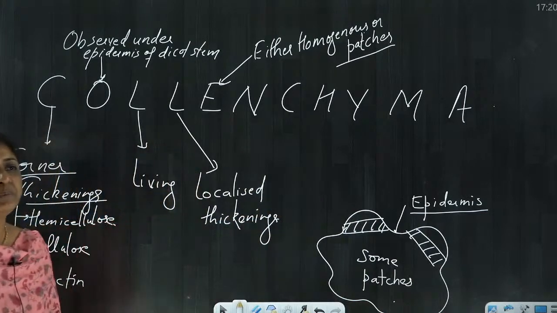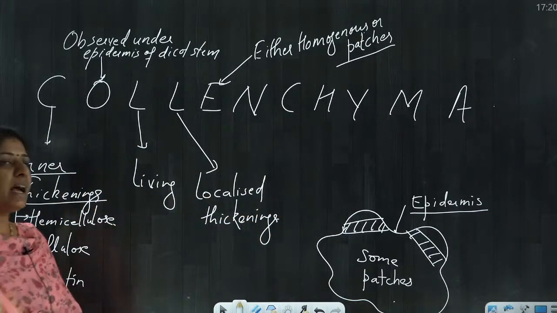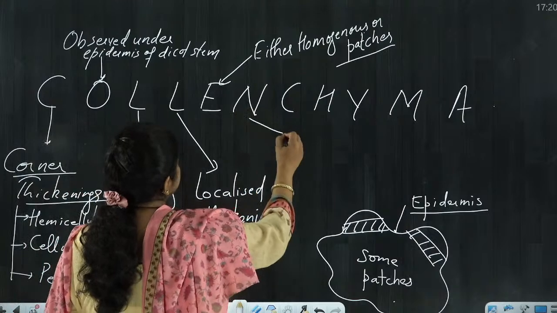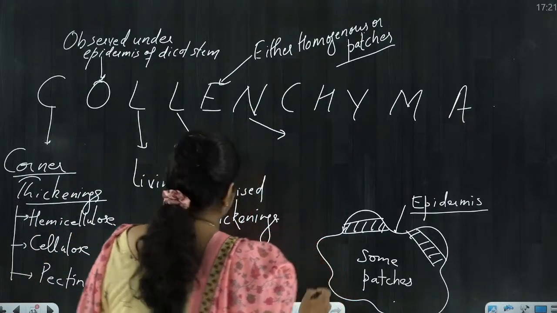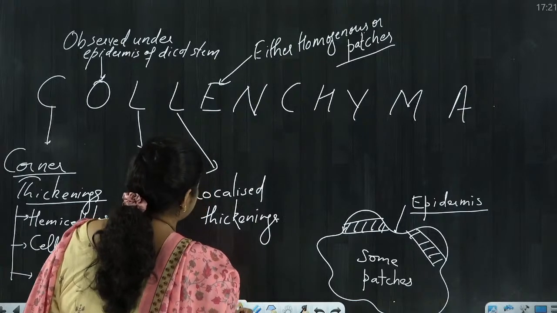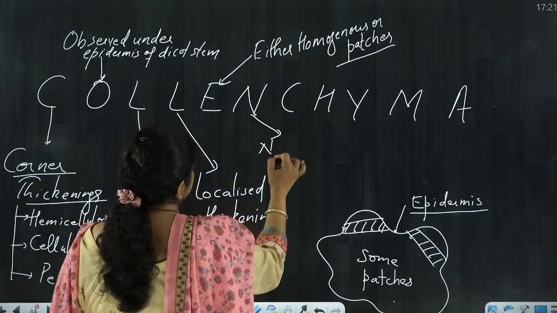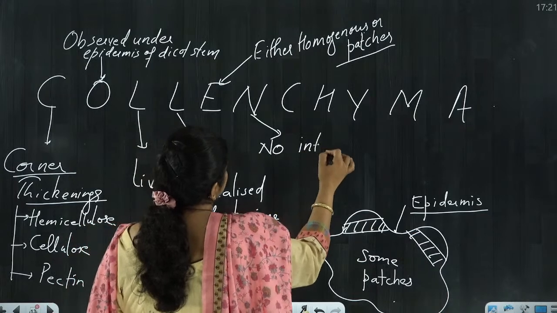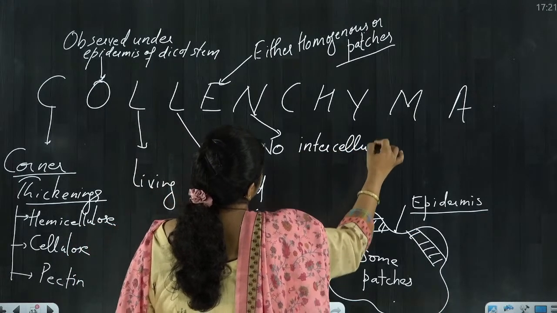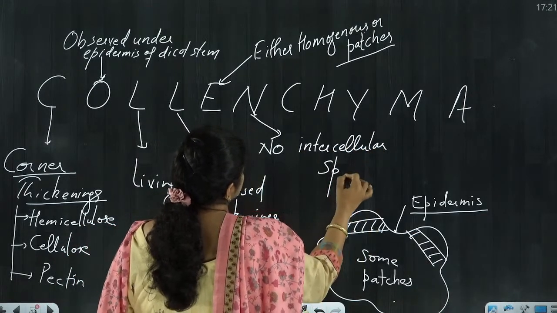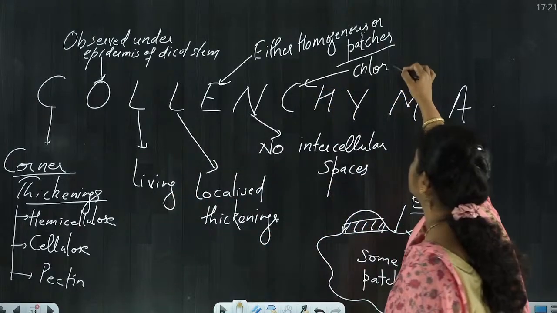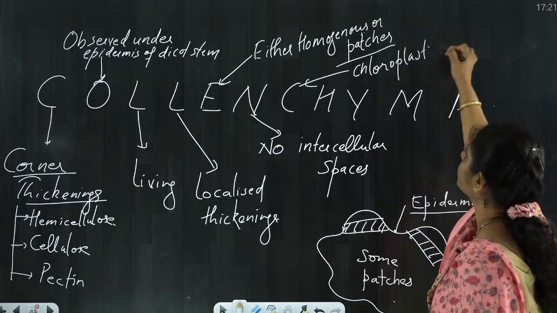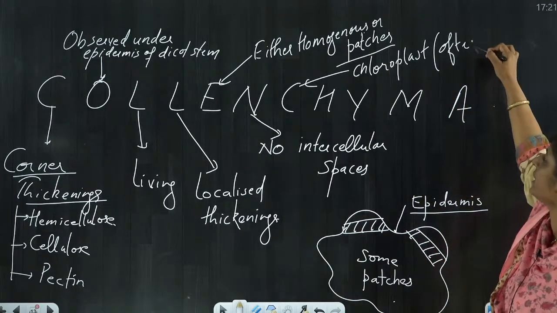Are you getting that? So here we are having this part. Now M stands for what? Here we will take this either like this, and they don't have, as we just said, intercellular spaces. There are no intercellular spaces. Now here this C stands for they have chloroplast. Chloroplast is often, meaning usually, present.